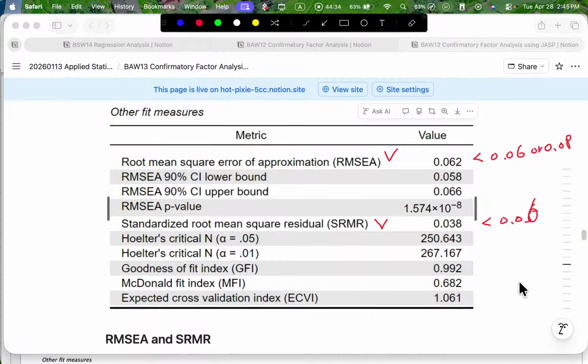Which one? GFI, okay, good. So we have an additional one we can report. Now GFI is 0.992. So it's greater than 0.9, which indicates a good model fit.